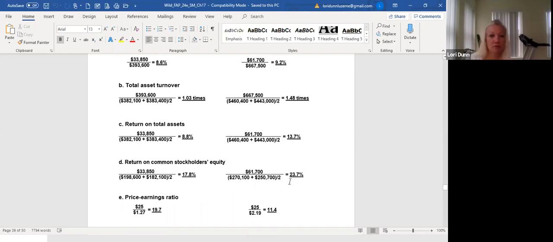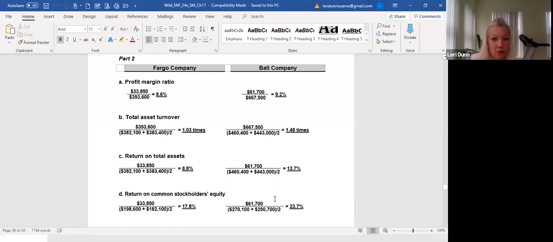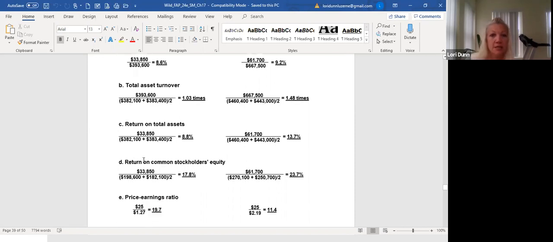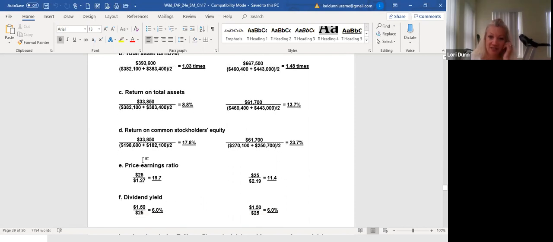So just so we remember, these 4 ratios are measuring how profitable the company is. Now, price earnings ratio and dividend yield are what we call market prospect ratios. They identify, if you were somebody in the stock market, how well they're giving you a return on your money.